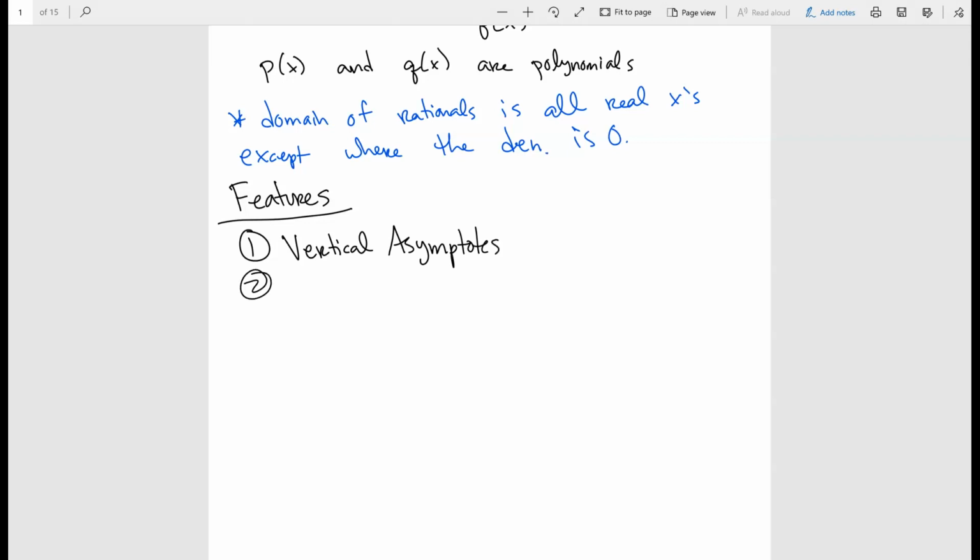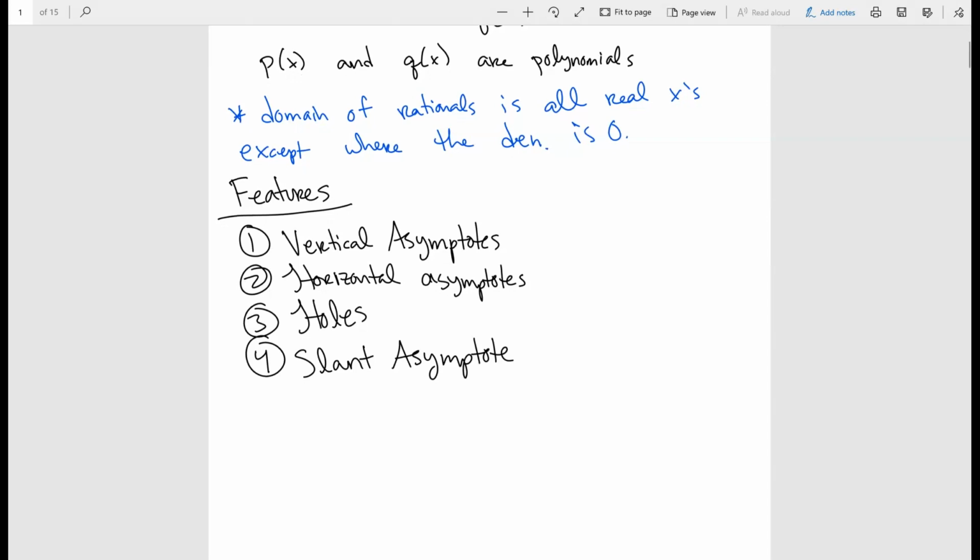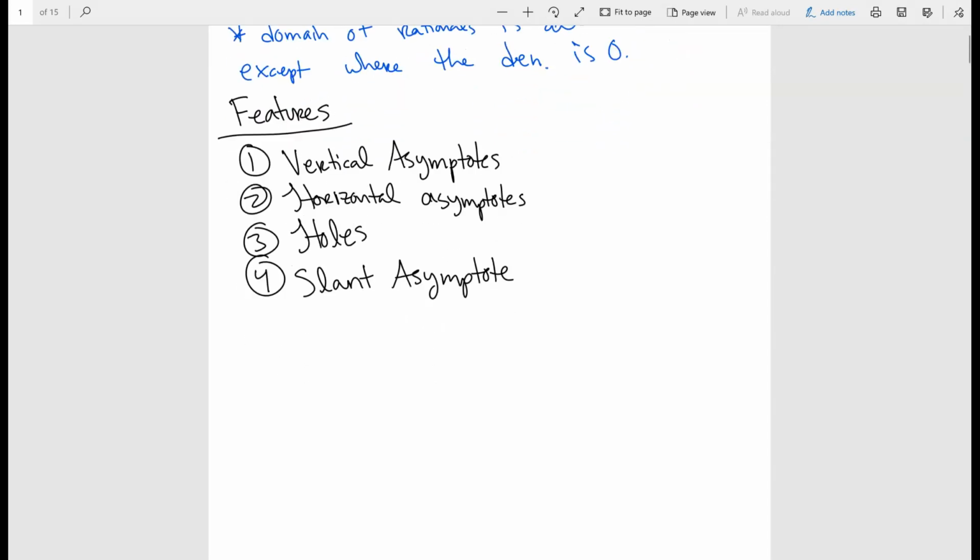Some of them are going to have horizontal asymptotes. Some are going to have something called holes. And something else they can have is a slant asymptote. So these are 4 different features that rationals can have.